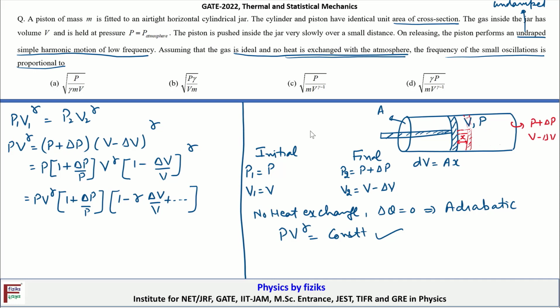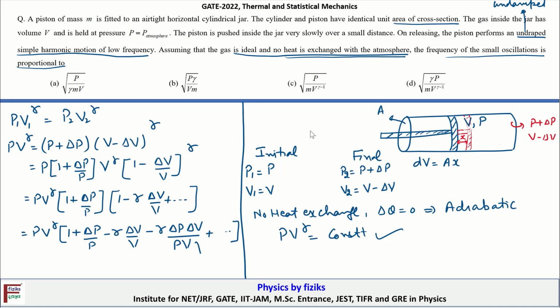After doing the multiplication, this comes out equal to PV to the power gamma, and inside the bracket we have 1 plus delta P by P, then the next term, minus gamma times delta V by V, minus gamma times delta P delta V upon PV, plus higher order terms.